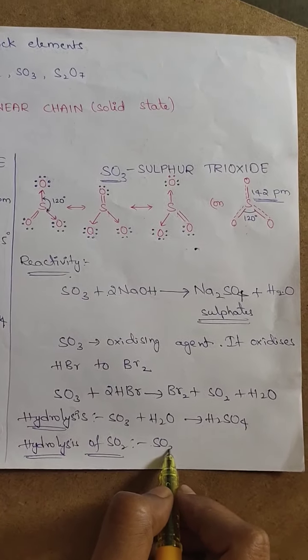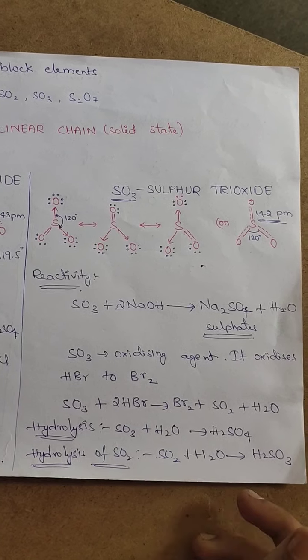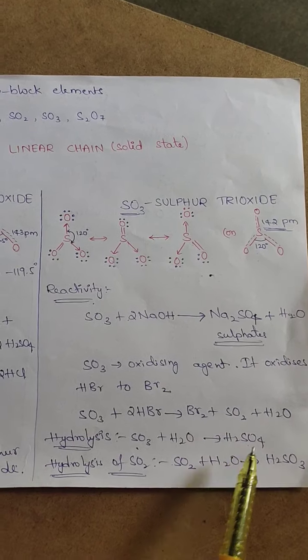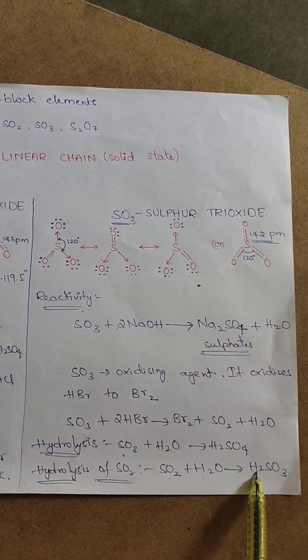Whenever sulfur dioxide dissolves in water, we get sulfurous acid. To summarize: sulfur trioxide dissolves in water to give sulfuric acid, and sulfur dioxide dissolves in water to give sulfurous acid.